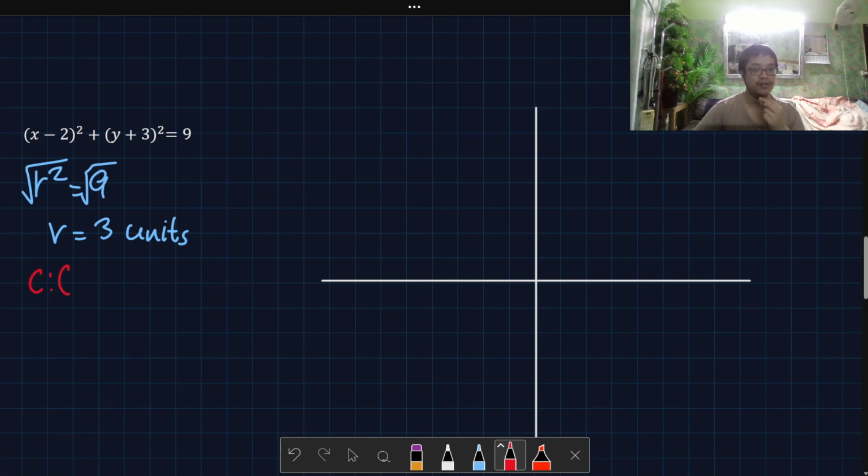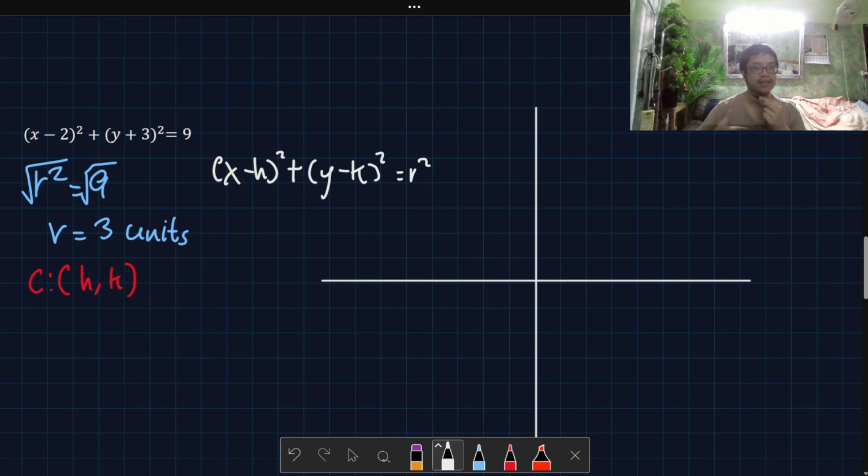For your center, it's (h, k). As I explained earlier, in the standard formula we have x minus h squared plus y minus k squared is equal to r squared. For you to get the coordinates of your center, which are h and k, all you need to do is change the sign.